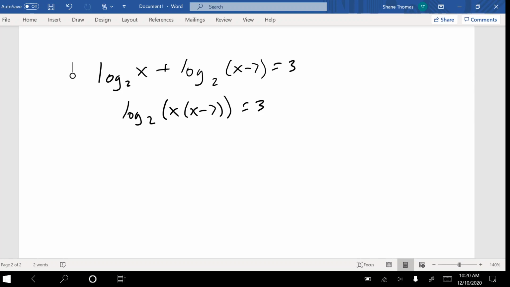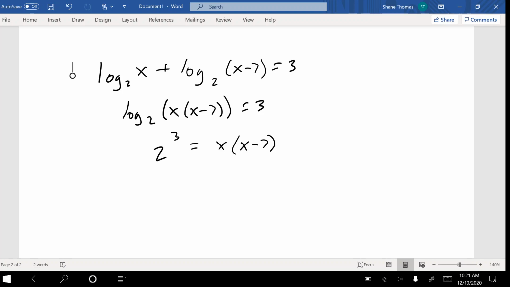All right. So, from here, what can we do now? Well, we rewrite this. I don't see any reason why we can't, right? I can rewrite this small number to the single, 2 cubed equals x times x minus 7.